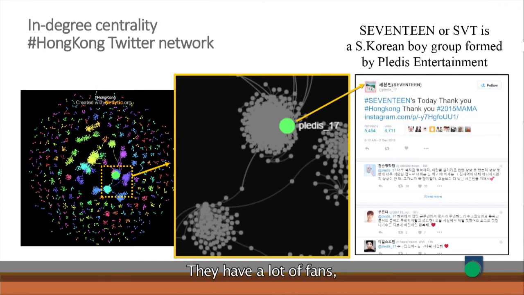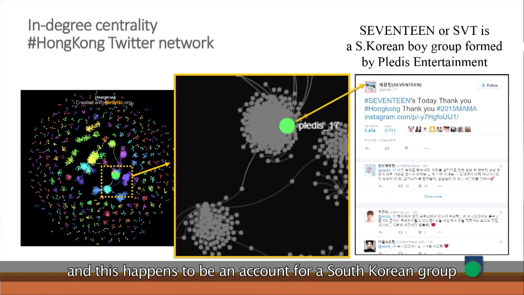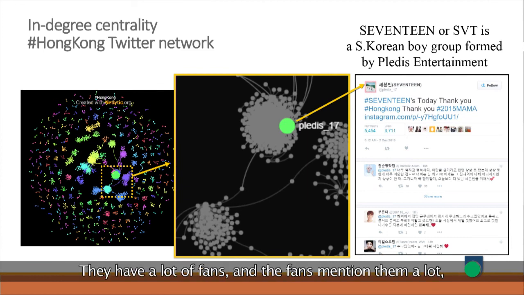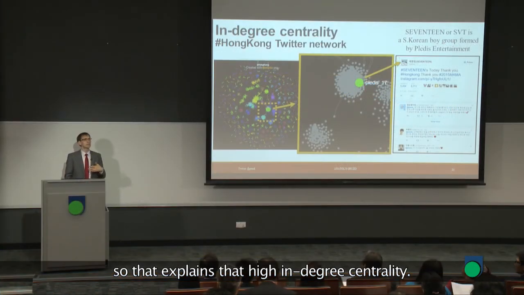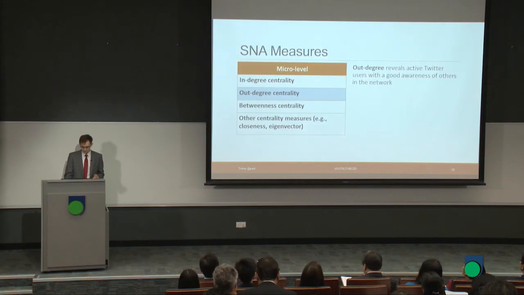This happens to be the account for a South Korean group called 17. They have a lot of fans, and the fans mention them a lot. So that explains the high in-degree centrality.